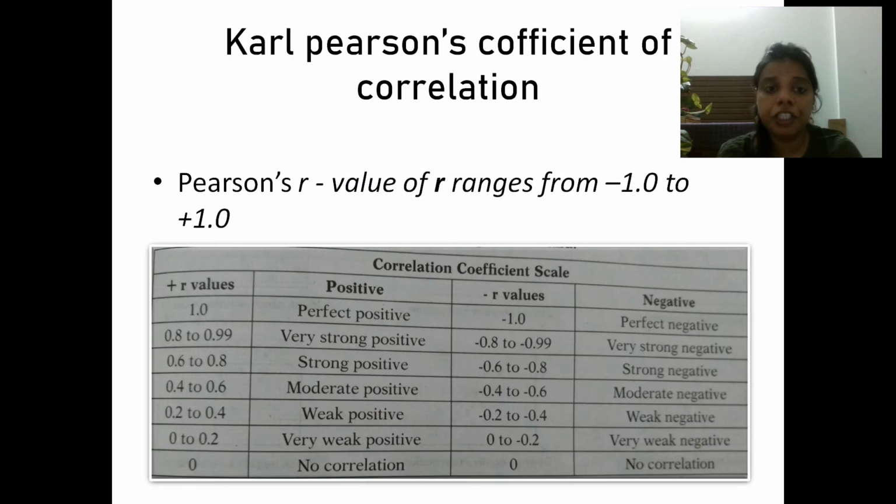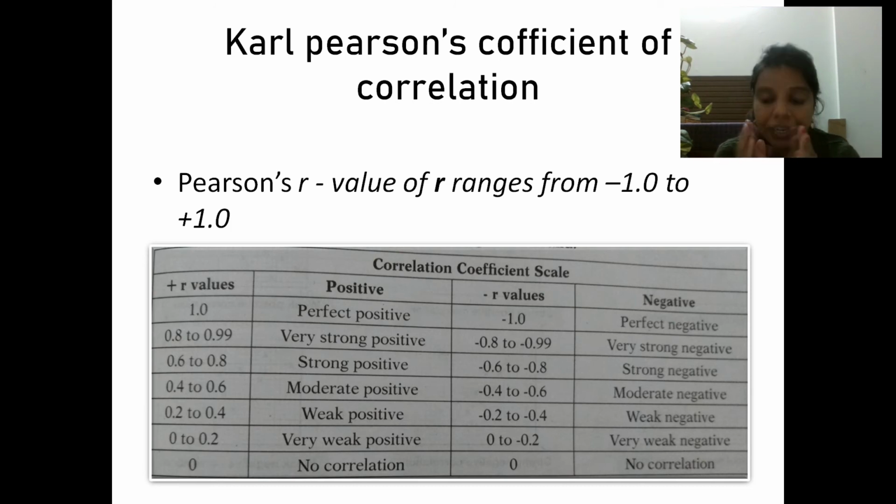For that, we can follow either Pearson's coefficient of correlation or Spearman correlation. So let's look at the Pearson's. The value of R means the correlation. Pearson's coefficient of correlation is the R. This R basically ranges from -1 to +1.